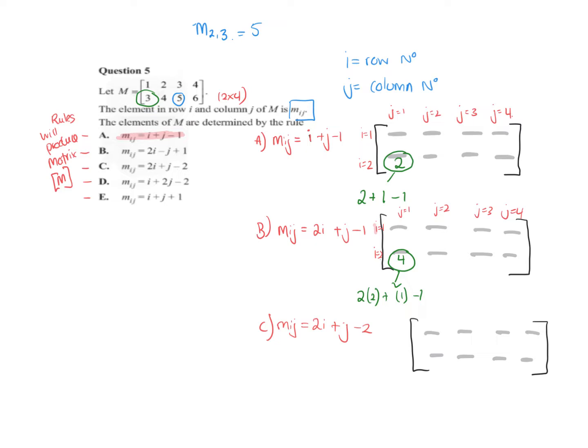So remember, i equals 1 here, i equals 2 here, j equals 1, j equals 2, and j equals 4 in that spot. Alright, so I'll just do our bottom one, we're getting used to doing that. So it's 2 times i again, which is 2, plus j, which is 1, minus 2. Now that would be 4, plus 1 is 5, minus 2 is 3. Now that's good, that's what they have up there in the answer.